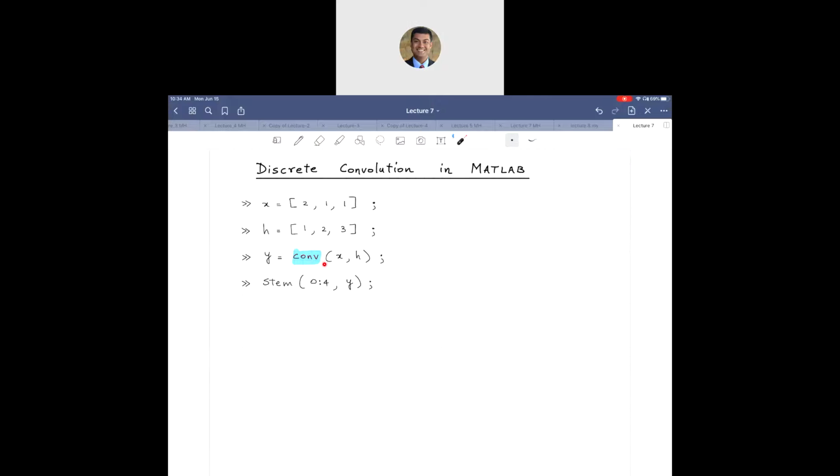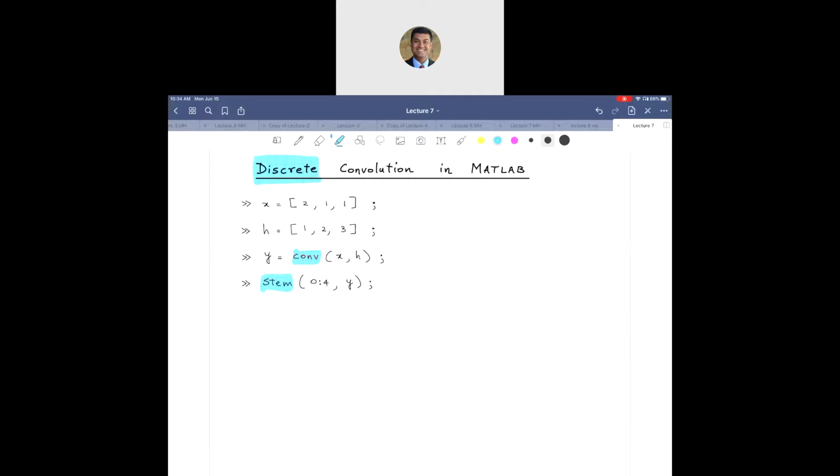And then to sketch the output, instead of plot, I use stem because it's a discrete function here. Plot allows you to do continuous signals because it connects the dots. Stem leaves them as is in a discrete manner.